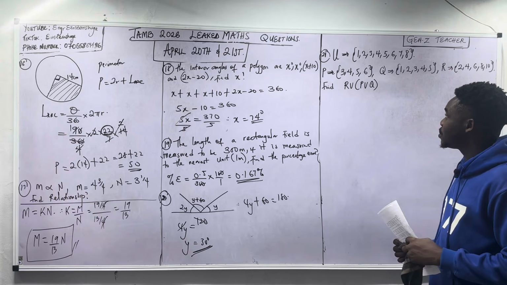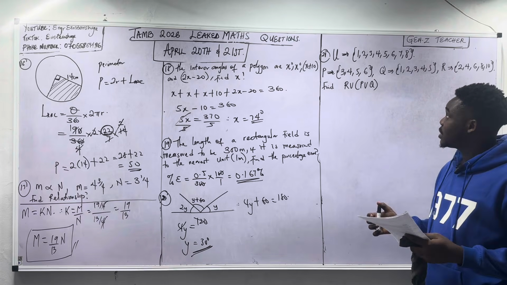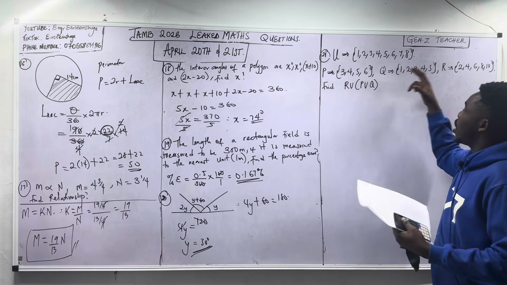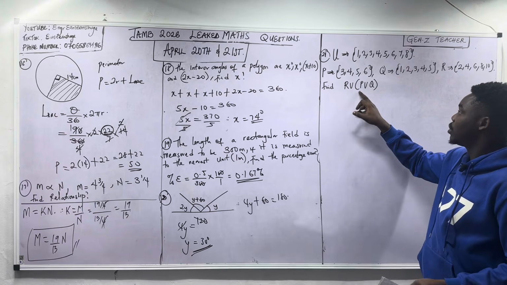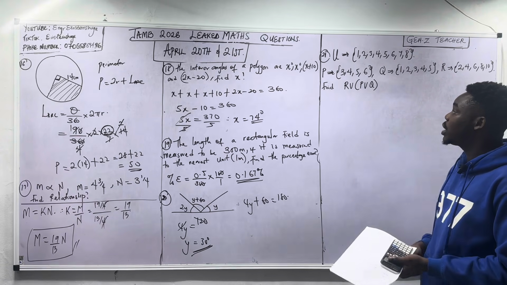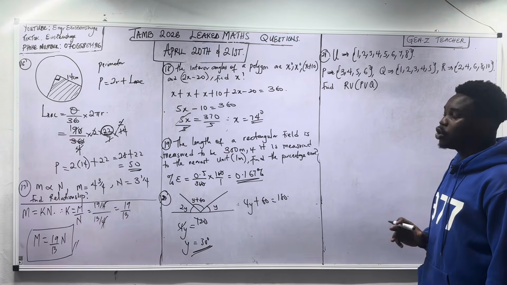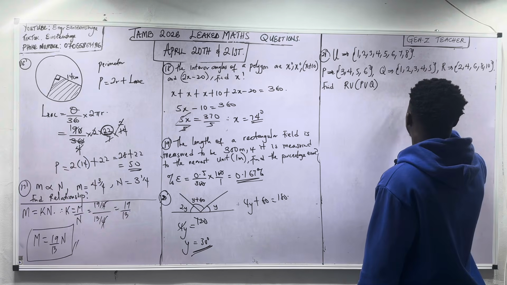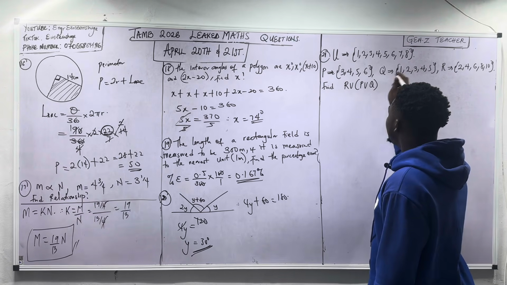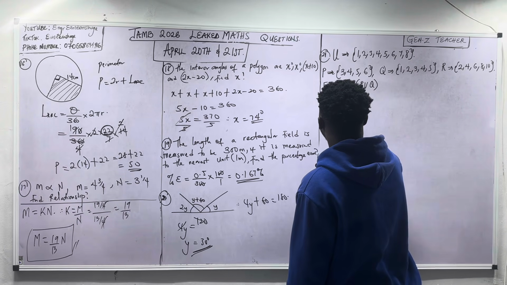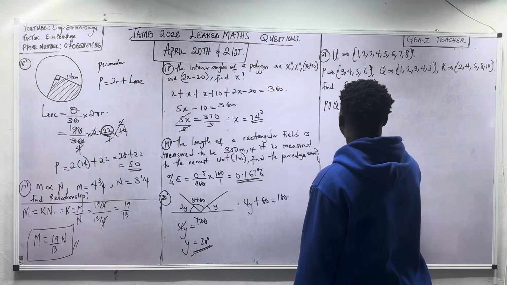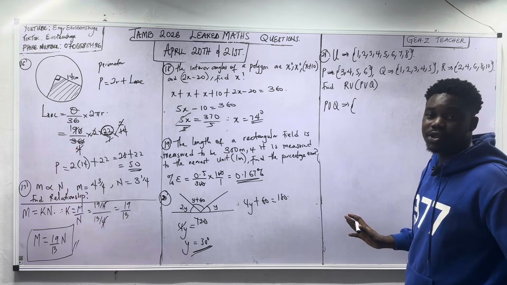Number 21 says, the universal set is given as this, and P and Q. Find the complement of the union, bracket P union Q. Quickly, what is P union Q first of all? Now, this is P and this is Q. P union Q means write out all elements in P and Q without repetition.